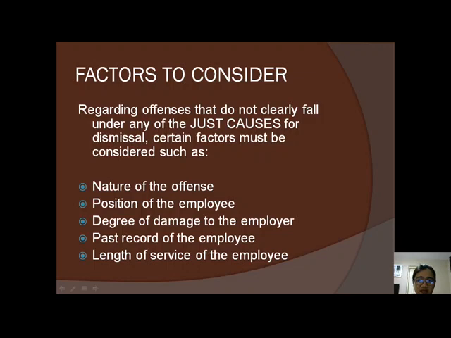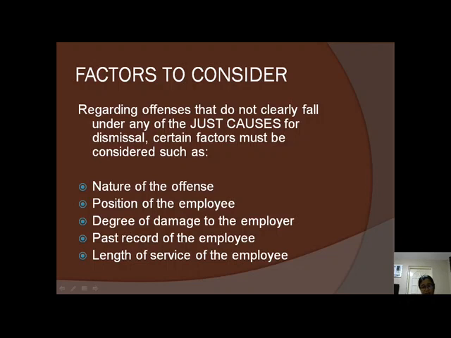So regarding those offenses that do not really fall under any of the just causes for dismissal, certain factors must be considered, such as the nature of the offense, the position of the employee, the degree of damage to the employer, the past record of the employee, and length of service of the employee. In other words, if you are going to dismiss the employee not falling under the enumeration under the just causes or valid causes, then you need to take note of the following factors.